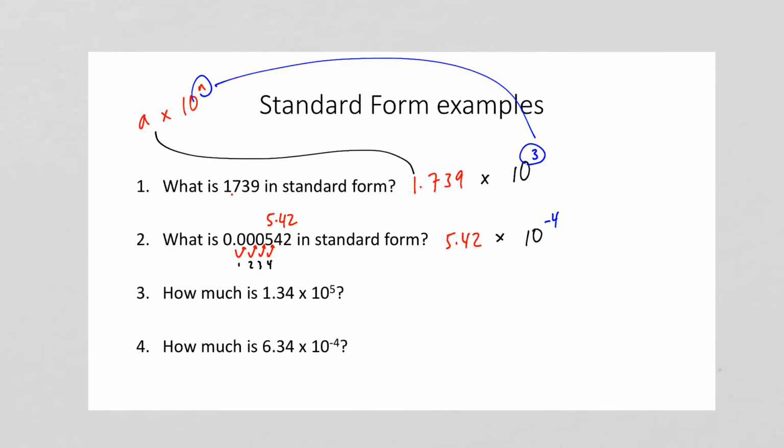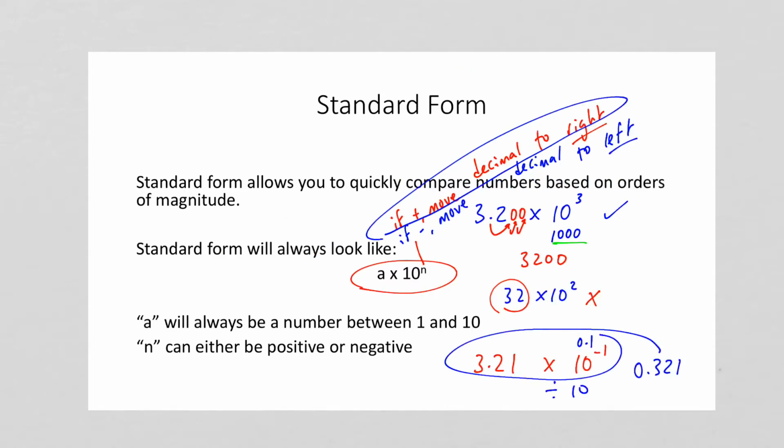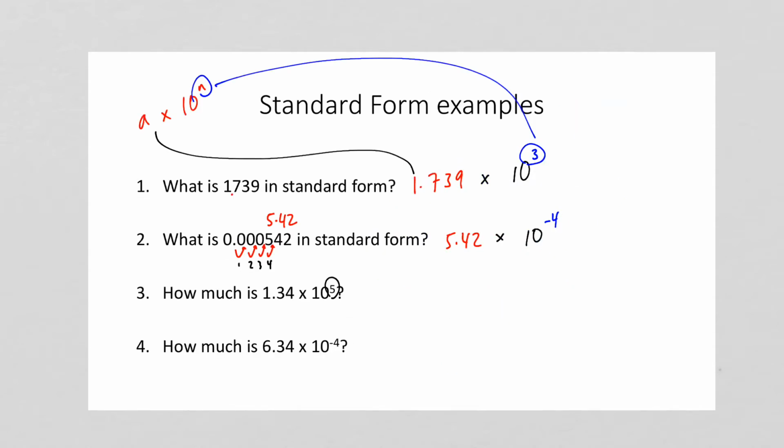Next question. How much is 1.34 times 10 to the 5? This is a positive number. If we look back, positive number, we're going to move the decimal to the right. So we have 1.34. I'm going to add some zeros on at the end here.